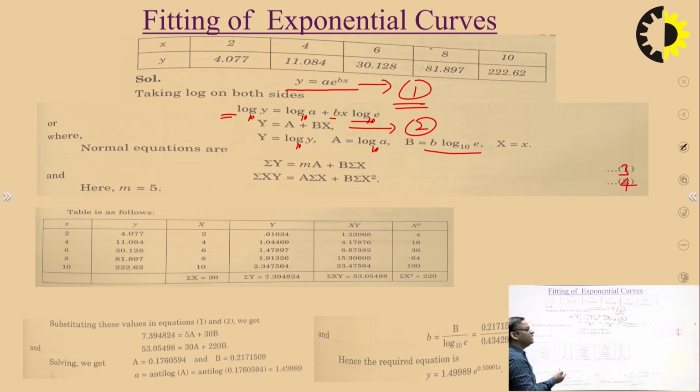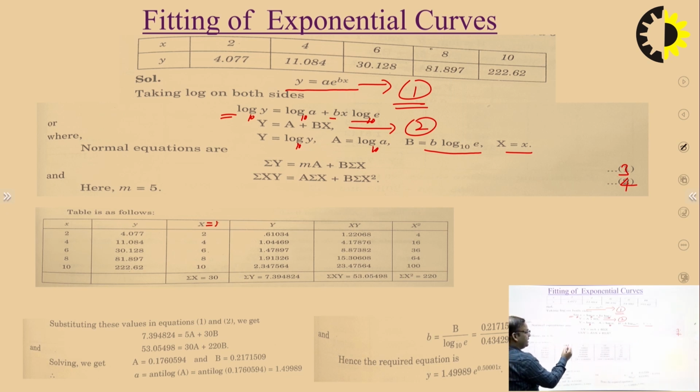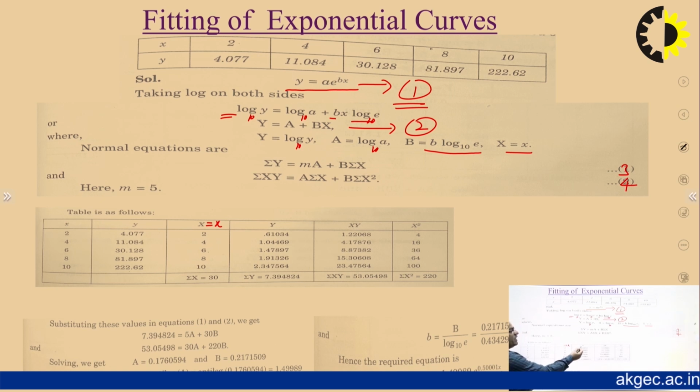Now create the table, and to create the table we will take the data as small x and small y, and then we have converted small x, small y into capital X and capital Y. Capital X was directly small x, therefore there is no change in the value of capital X. Capital Y was log y, so take the log of the values of y, and this column will appear.